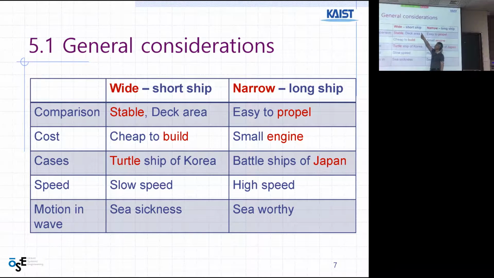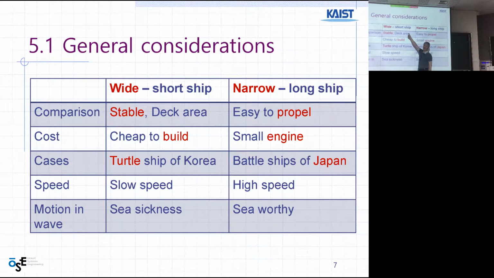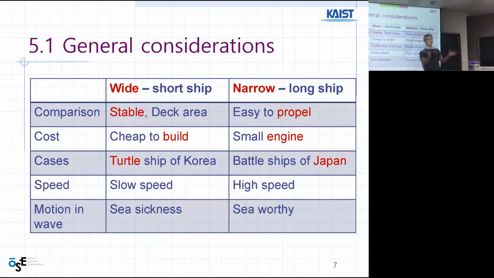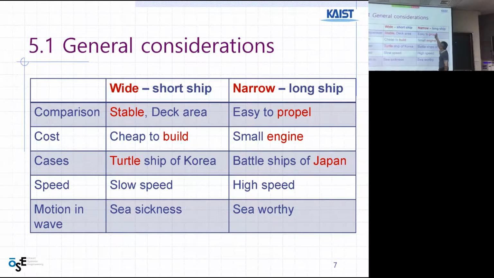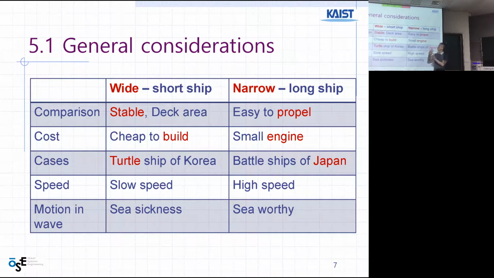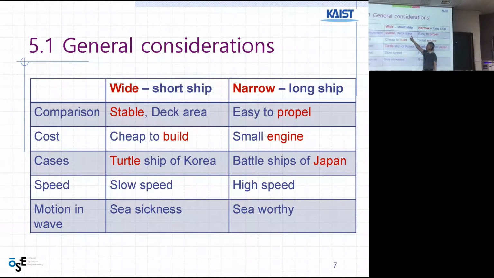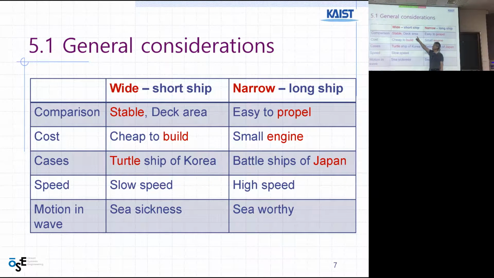The form is a very wide and short ship. A turtle looks like this, right? A turtle is a rounded shape. And the Japanese ship is narrow and long, skinny. The property is that because it is wide, it is stable.